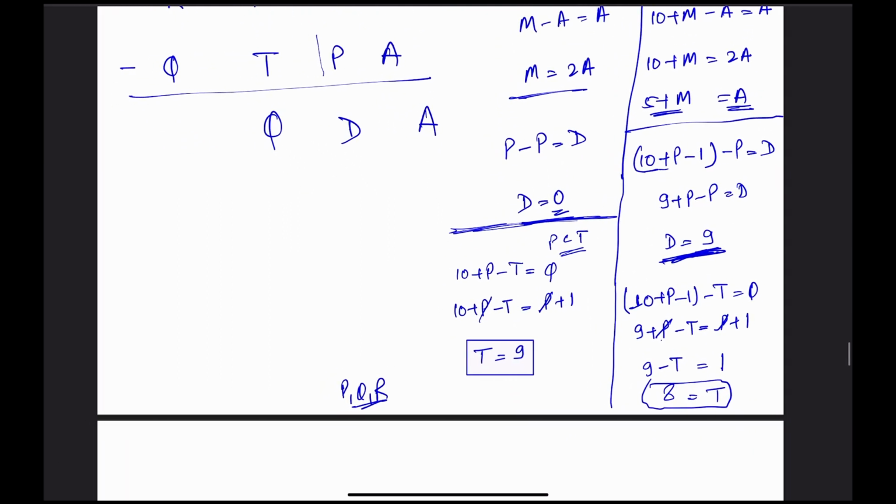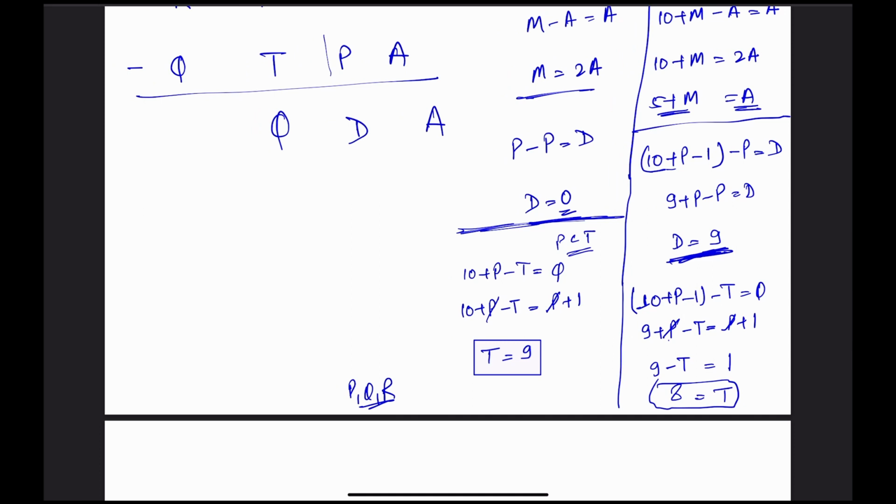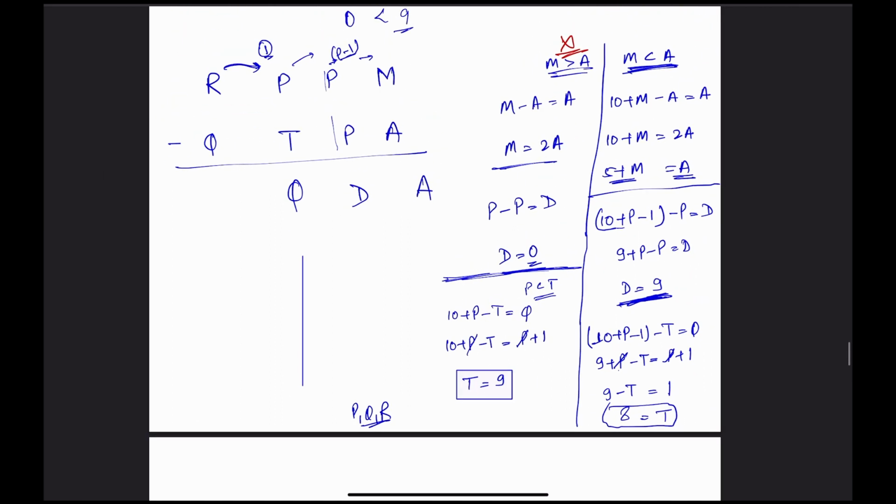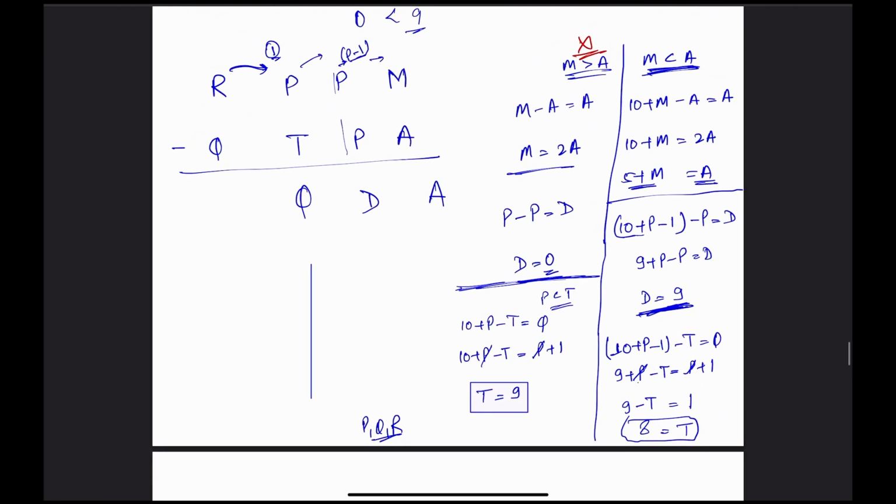So now, a few things I am getting, a few things I am still having some doubt. So what is the conclusion? If M is greater than A, in this condition M will be 2A, D will be 0, and T will be 9.